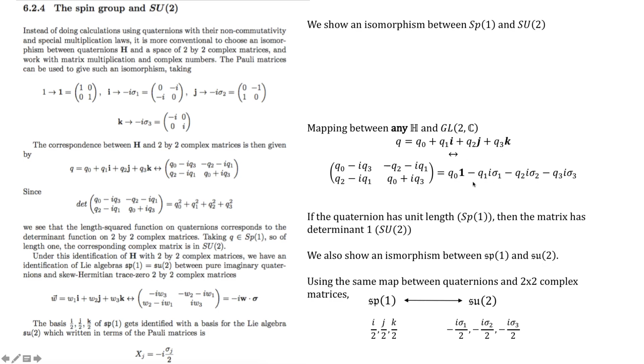There's no identity matrix here that is part of the basis vectors. So we can see that Q0 equal to 0 neatly maps elements of the Lie algebra SP1 to the elements of the Lie algebra SU2.